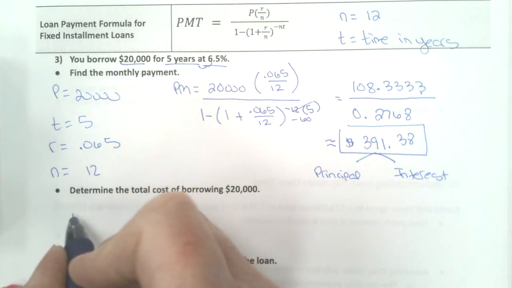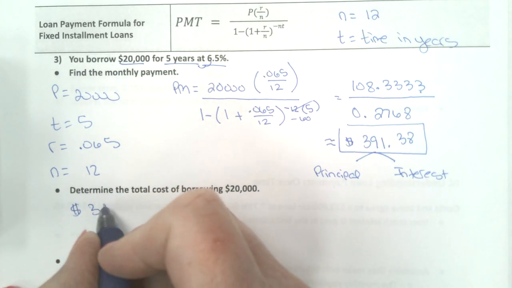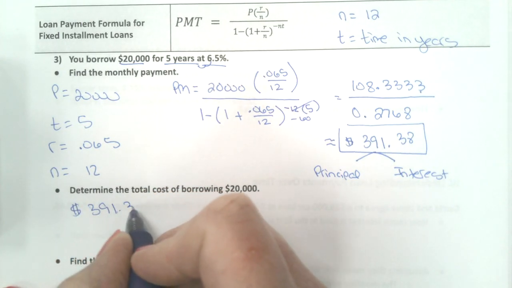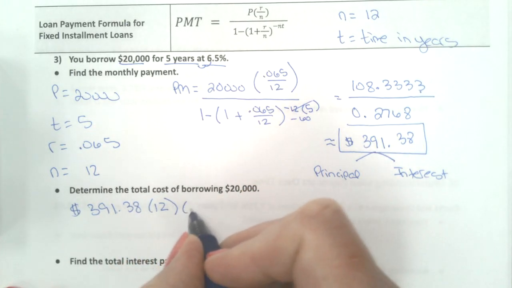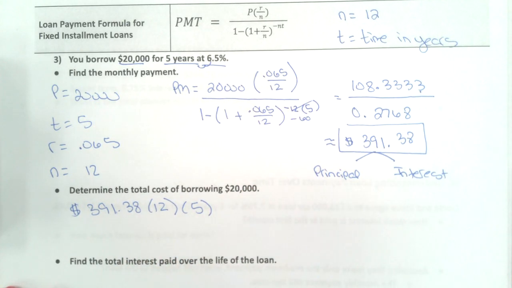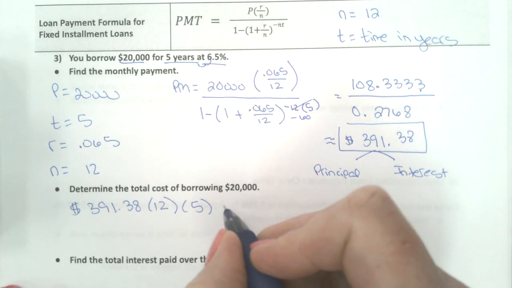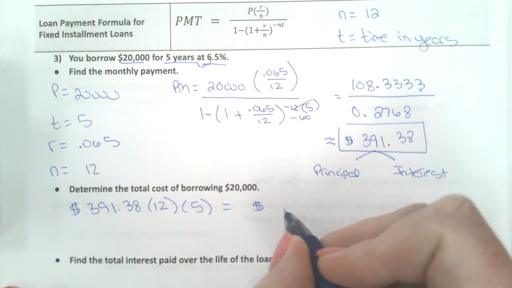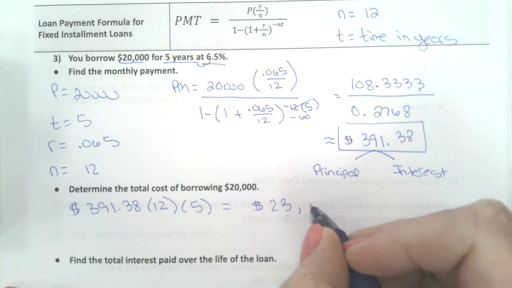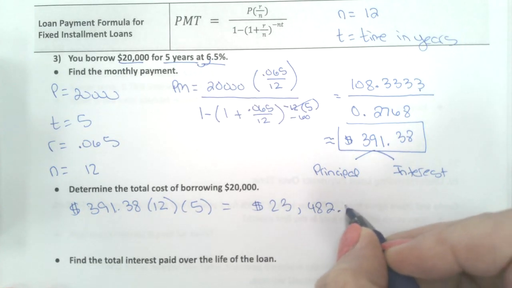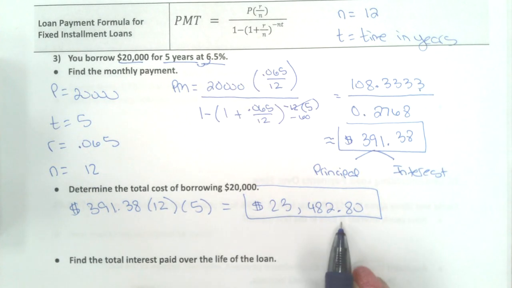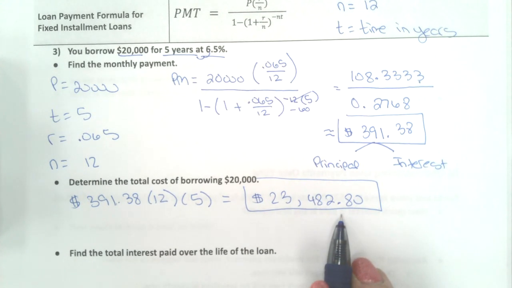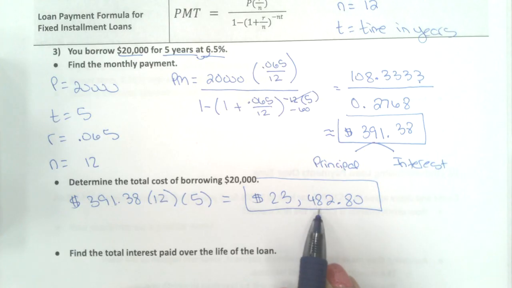So I'm going to pay back $391.38 every single month for 5 years. So when I multiply this together, I get $23,482.80. This is the total cost of borrowing. So they gave me $20,000, I gave them back $23,000.